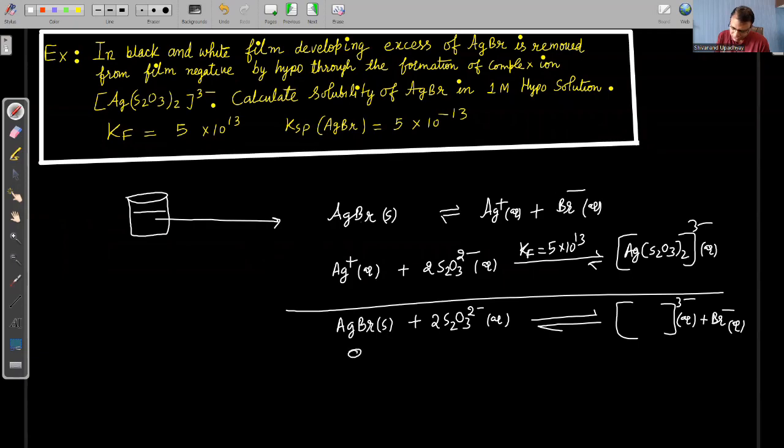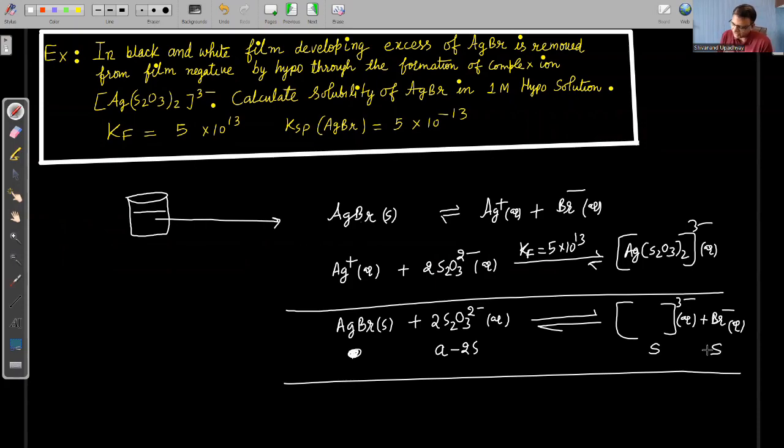So this solid will be there at equilibrium. Initially, whatever the concentration of thiosulfate ion is there, A, it becomes A minus 2 times S, because all the Ag+ is converted into this complex ion. So here it will be S and this will be S. Now if I put the value and simplify, the equilibrium constant is K formation into Ksp.